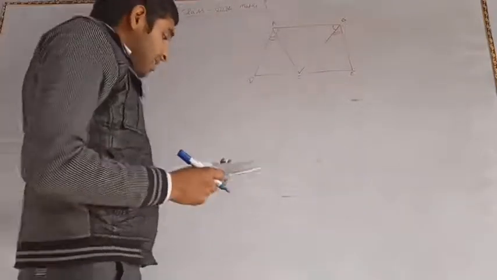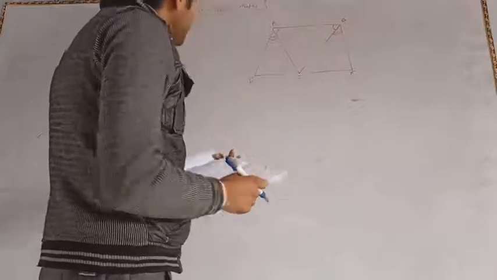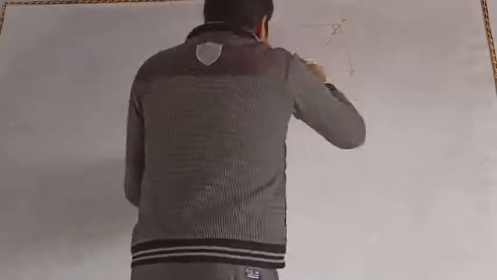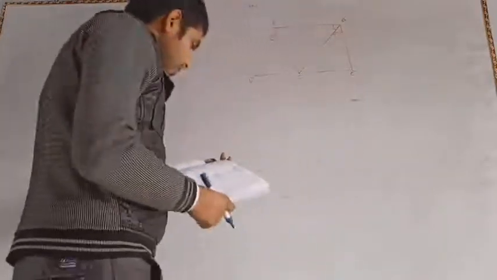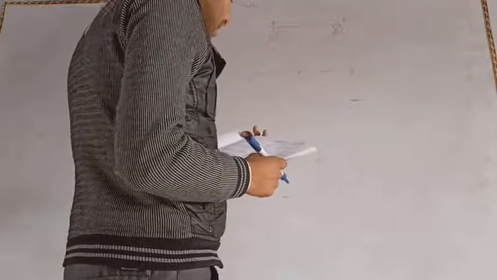In the adjacent figure, triangle ABC is an equilateral triangle.